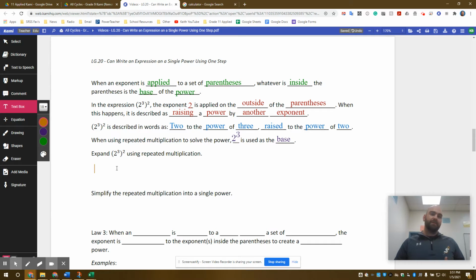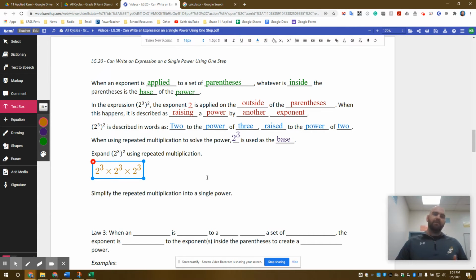Now this might look a little bit different, but that's okay. We have 2 cubed times 2 cubed. That's what it looks like in repeated multiplication.